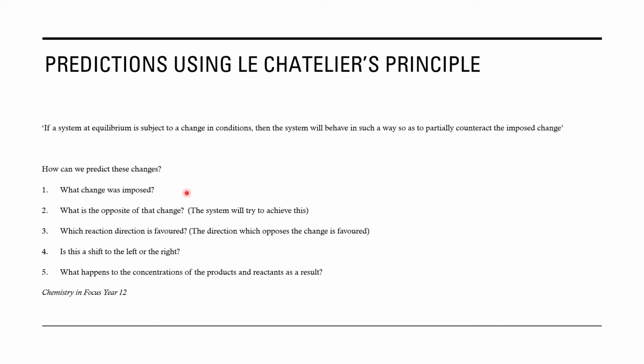That's usually how we describe what direction is favored. We say it shifts to the left or it shifts to the right. And then we can predict what changes would happen to the concentration of the products and reactants as a result of whatever shift has occurred. You can find that series of steps in our textbook.